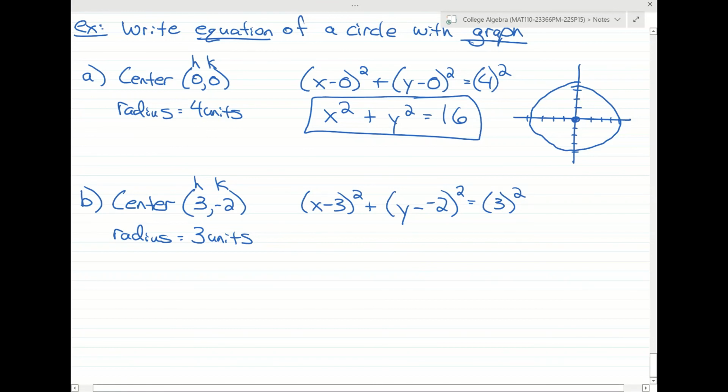Make sure you're careful. It's y minus the k, so we're subtracting a negative. x minus 3 squared plus y plus 2 squared equals 9. That would be your equation of the circle.